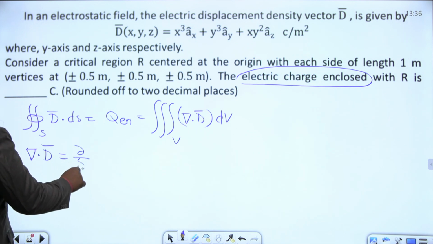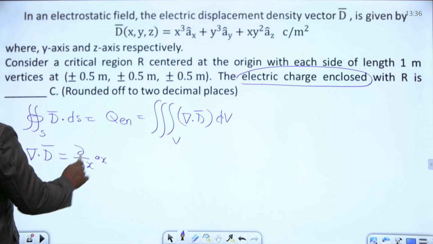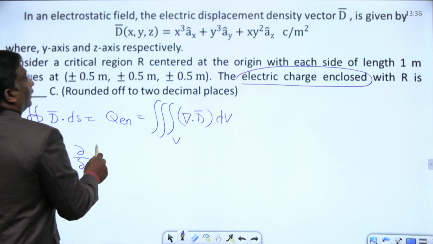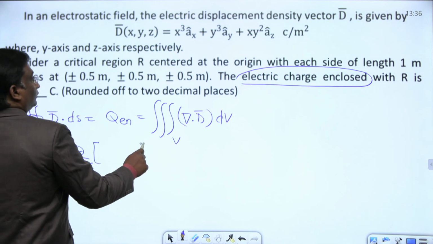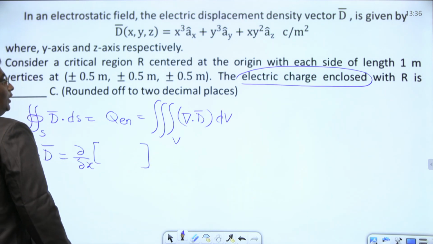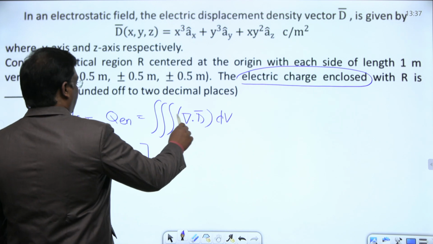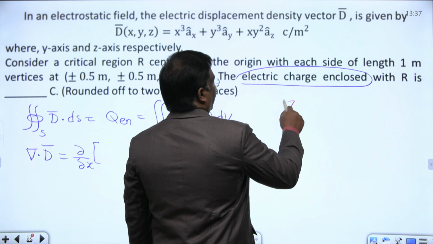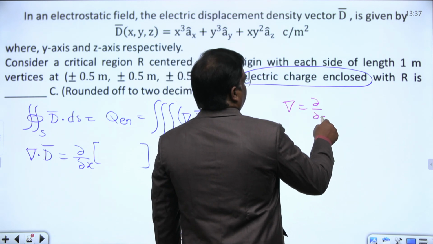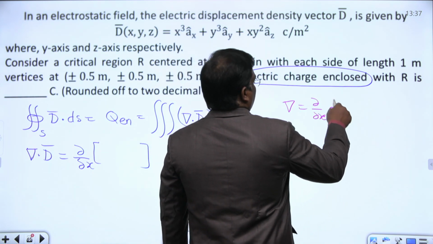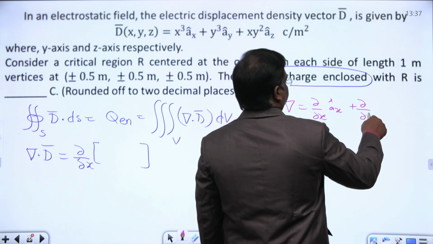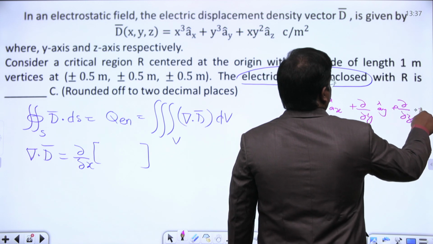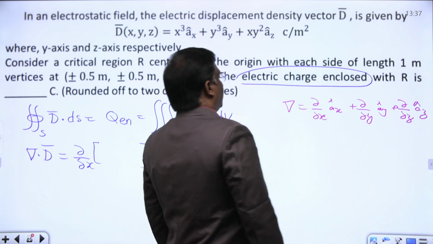The del operator is dou by dou x ax cap, plus dou by dou y ay cap, plus dou by dou z az cap, and we take the dot product.